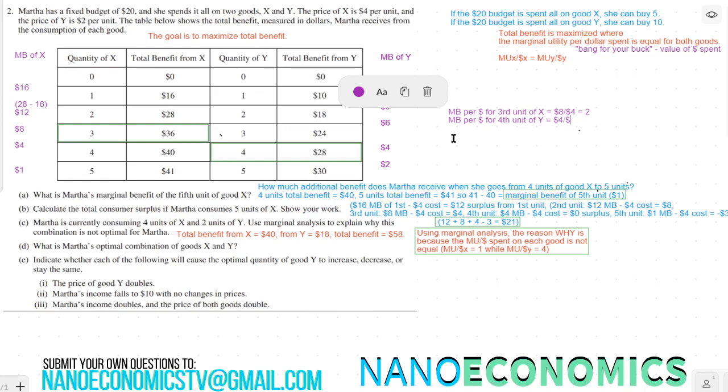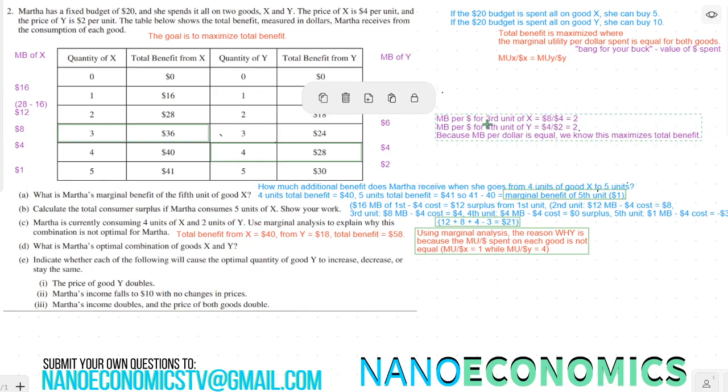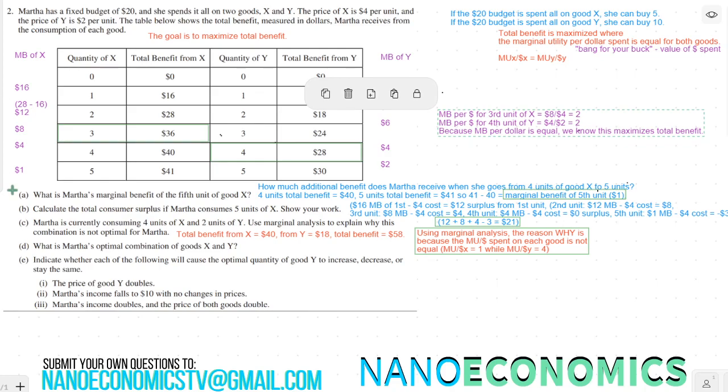Our total cost increases by $2, so we have 4 over 2, and that's also equal to 2. So where the marginal utility per dollar spent between the two goods is equal, that's where we know we're going to be maximizing our total benefit.